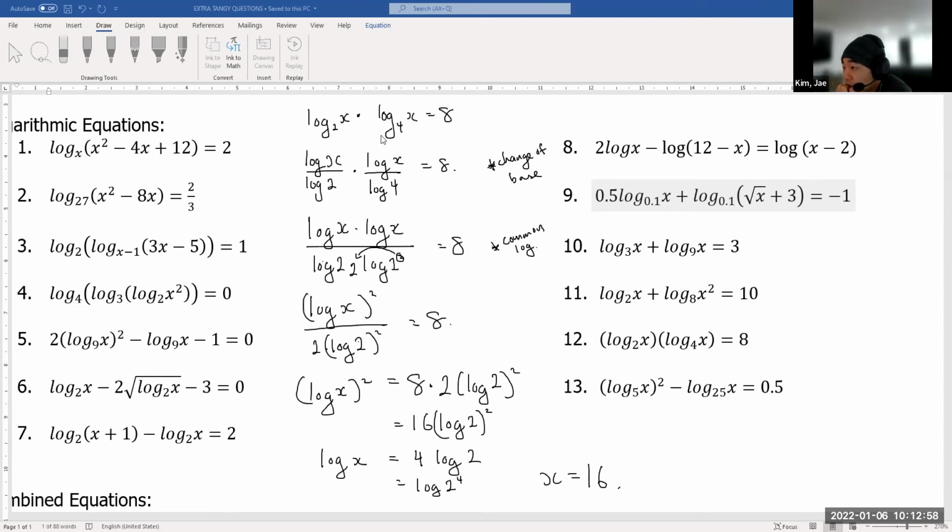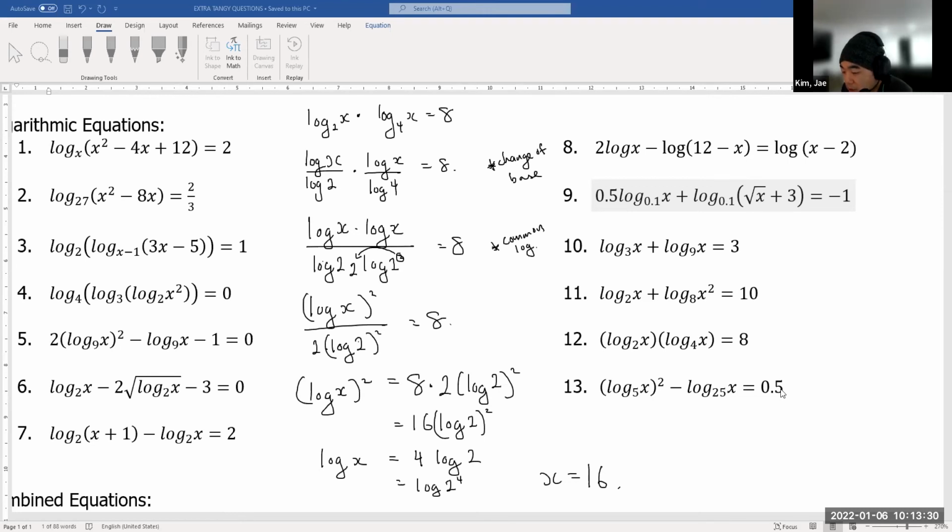Also, someone told me that on the answer key here, there's also a 1/16. How could we find that? Let's see. First off, does 1/16 work? One over 16.